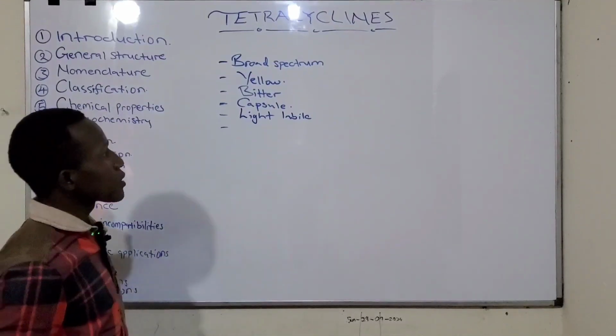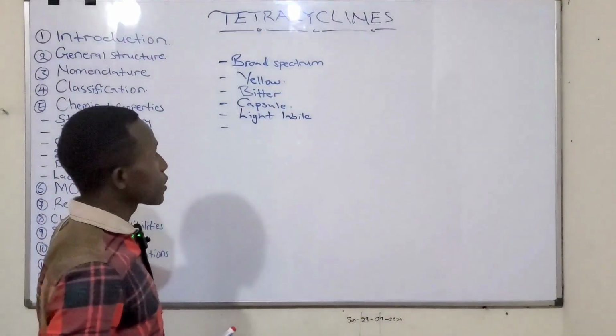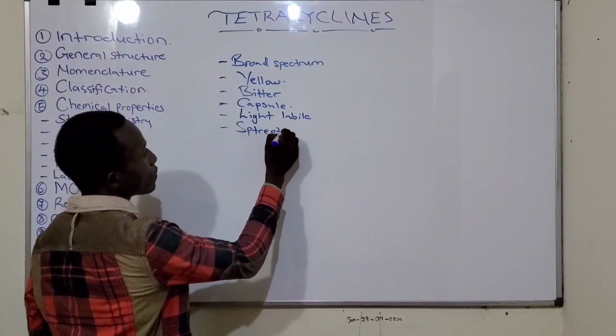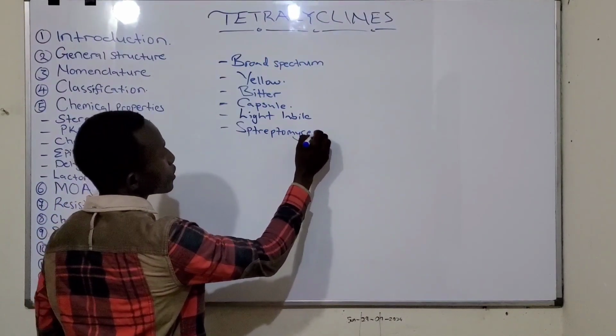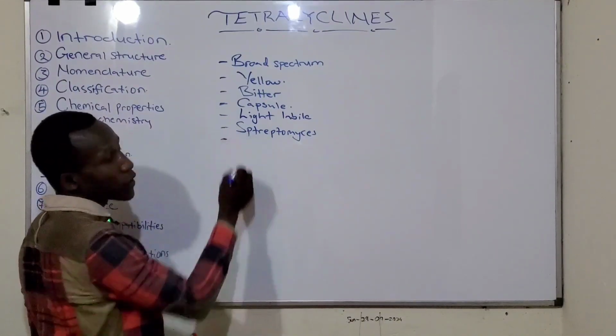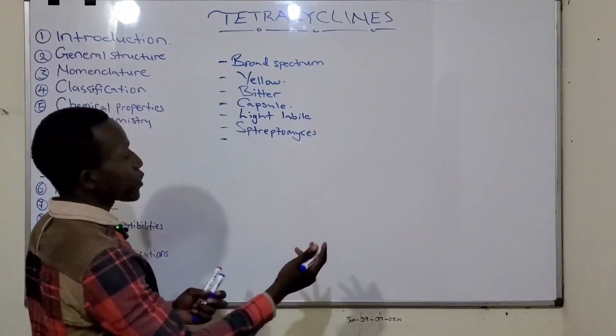Some of the tetracyclines are obtained from natural sources, those Streptomyces species, by fermentation, and also by chemical modifications of the natural tetracyclines.